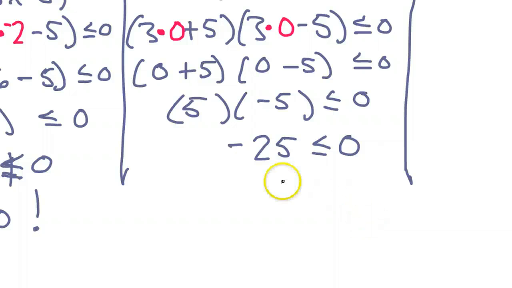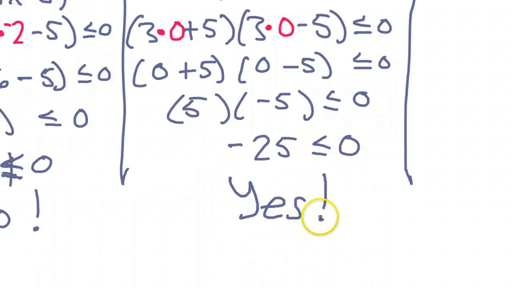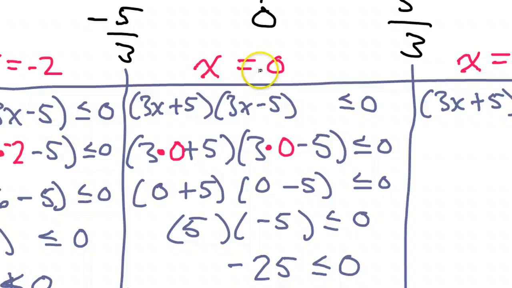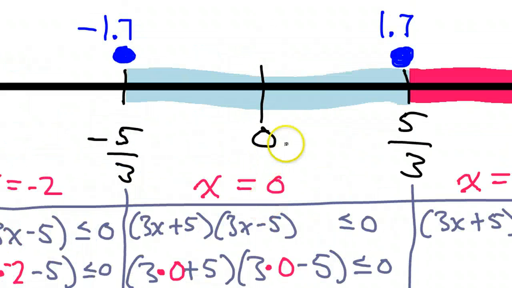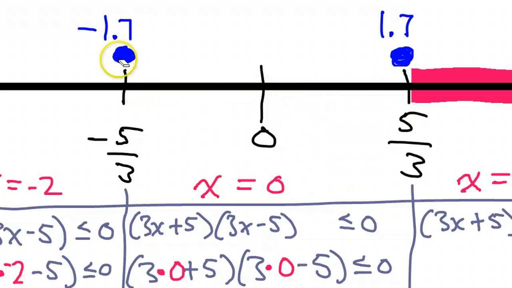So we ask ourselves, is this true? Is negative 25 less than or equal to 0? Yes, it is. All negative numbers are less than 0. So that means 0 is a solution to the inequality. That means that all of the values between negative 5 over 3 and 5 over 3 are solutions as well.